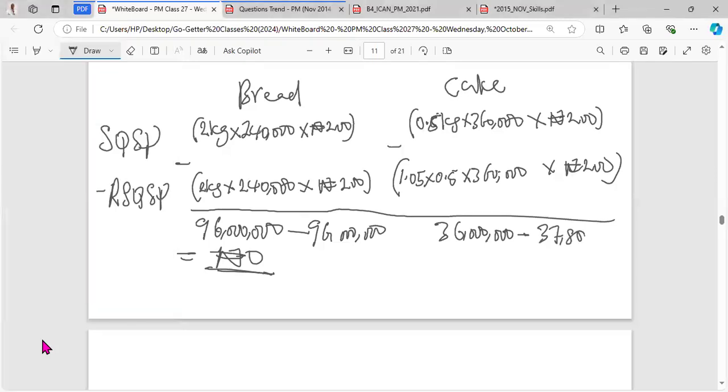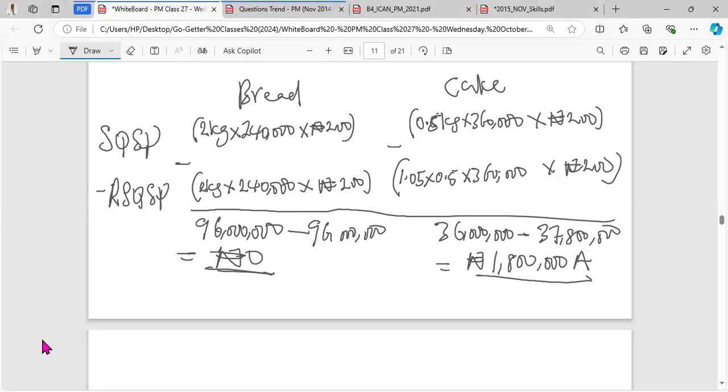37,800. So the difference here will be 1,800,000 adverse. So of course, this is lower than this. So this is adverse.